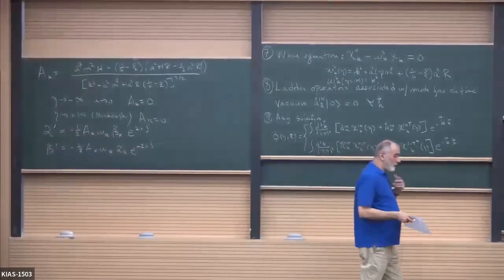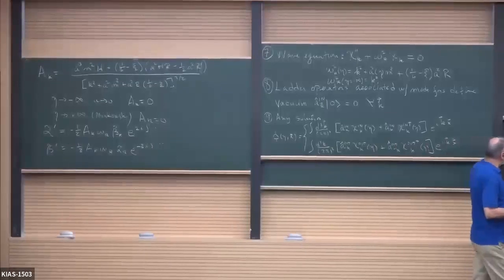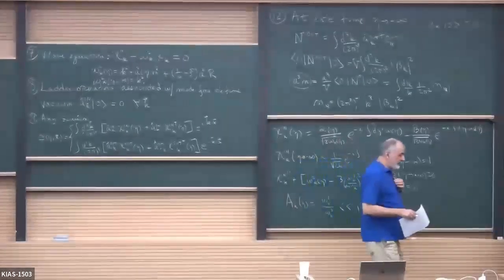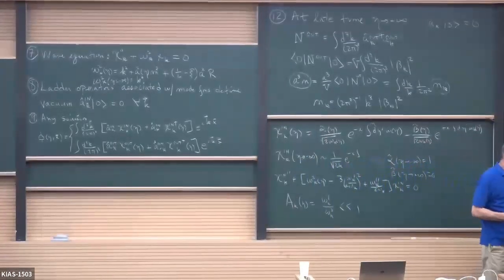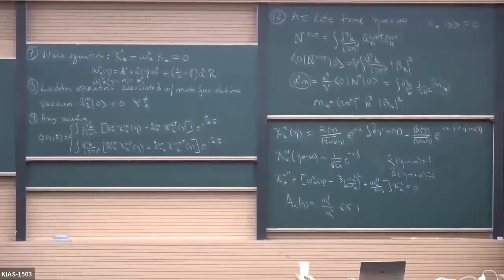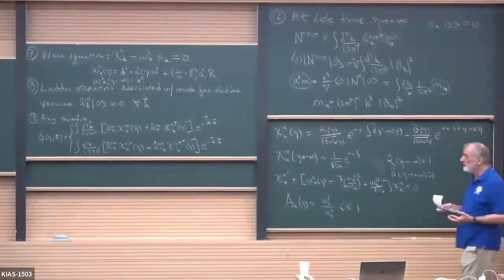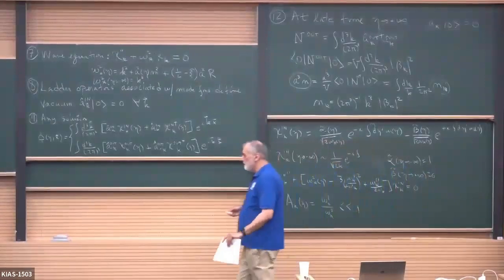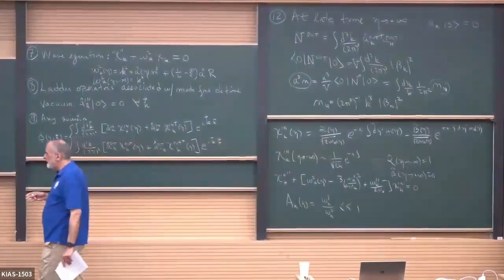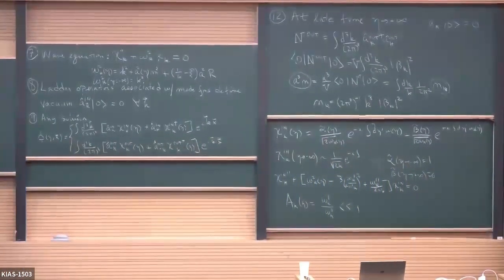So the equation of motion for the mode function chi sub k, chi sub k is complex. It's a second order differential equation. The equations of motion for alpha tilde and beta tilde are two first order differential equations. So it's the same number of equations that one has to integrate.